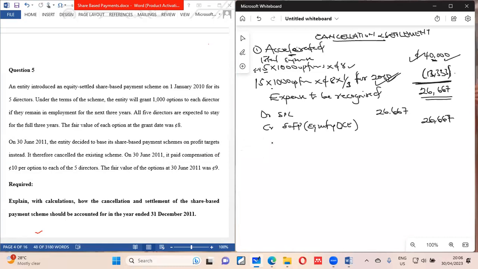Other than that, if we keep this one at 2010, it means that we will accelerate this one only. We won't treat this part as part of our solution, because it's canceled in the same year. So it would have been just 40,000. We won't have to deduct this one. Please, do you understand my point?